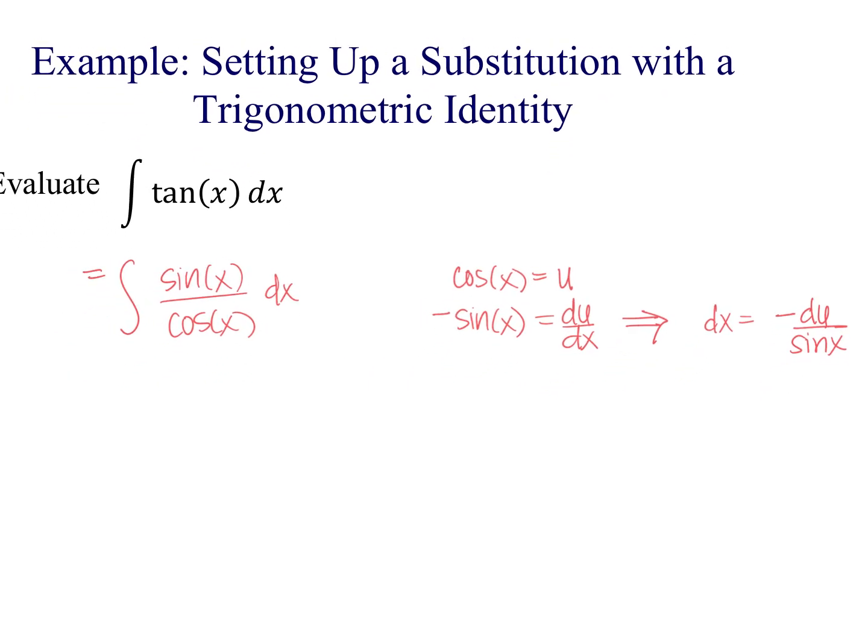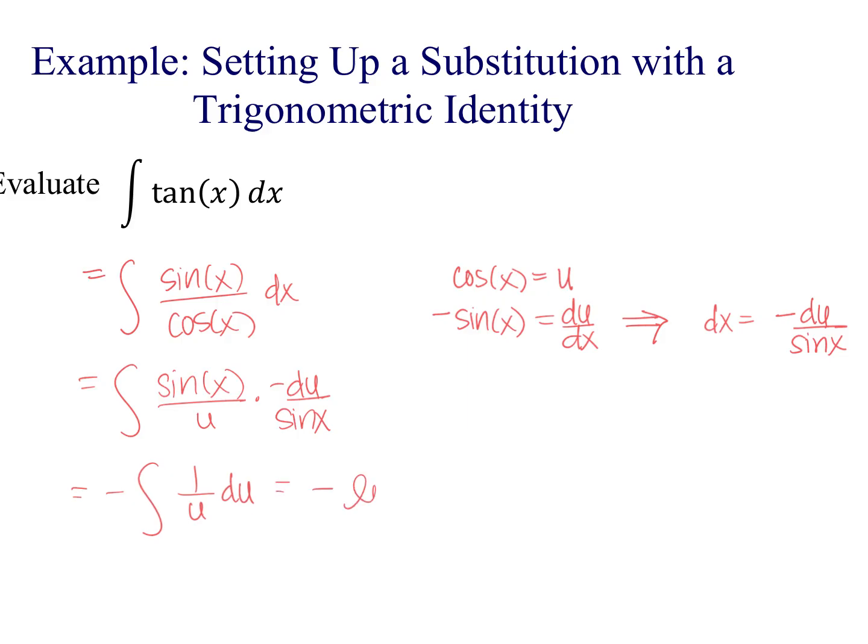After that, it's the same as what you did. We're just preceding it with a trig substitution. So this would become the sine of x over u times the differential negative du over the sine of x. We reduce and pull out the negative, so we end up with 1 over u du with a negative in front of it.